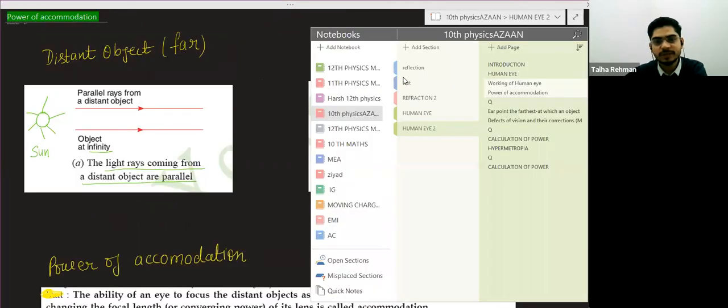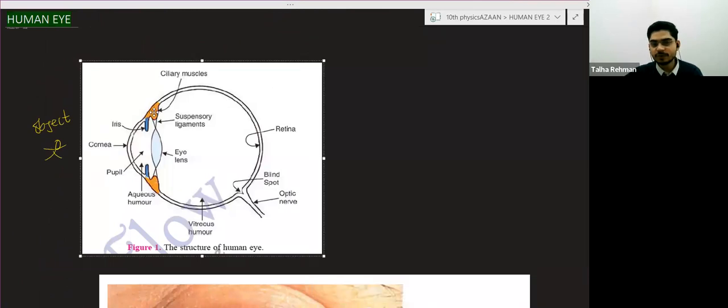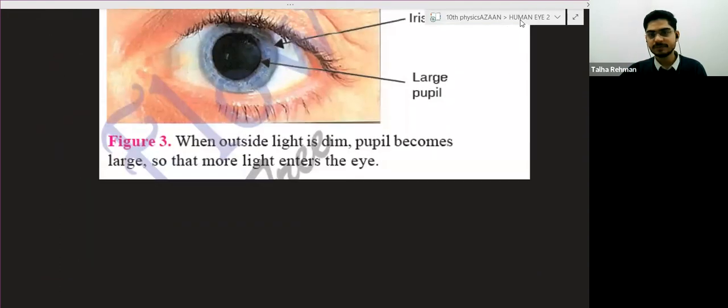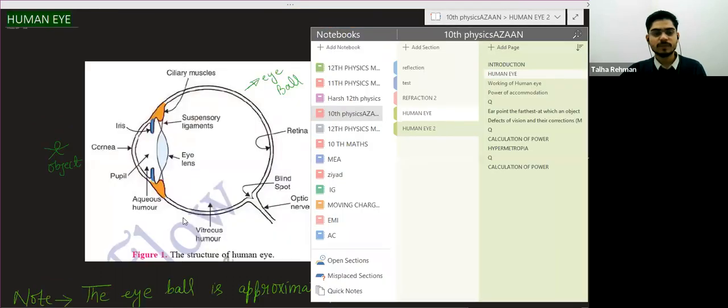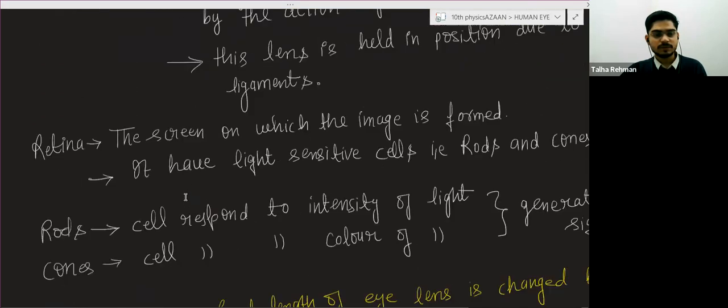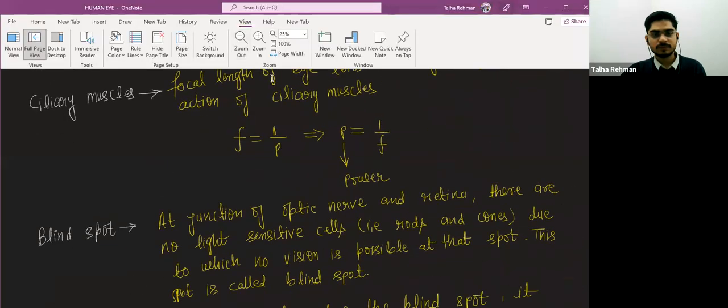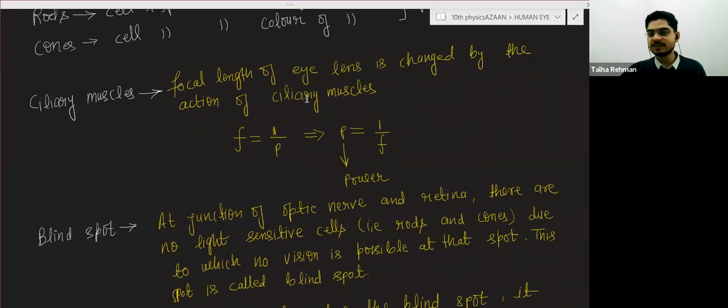Azan, you are a good student, and I have told you, ciliary muscles. By the action of the ciliary muscles, the focal length is changed. See here, we have written ciliary muscle. The focal length of the eye lens is changed by the action of the ciliary muscles. This is the formula: if the focal length increases, power will decrease. You have to relate all the things.